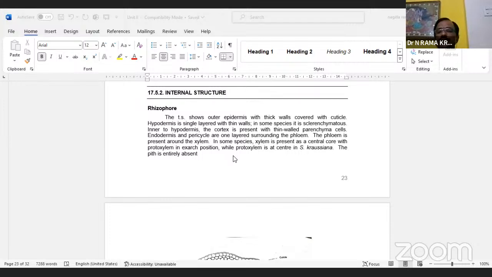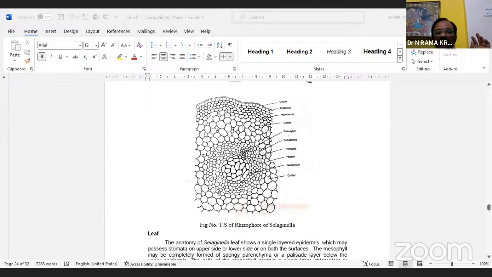This is most important: phloem is present around the xylem. In some species, xylem is present as a central core with protoxylem in exarch position, with protoxylem at the center. In some species the pith is entirely absent. This is the structure, the center part of the stele.